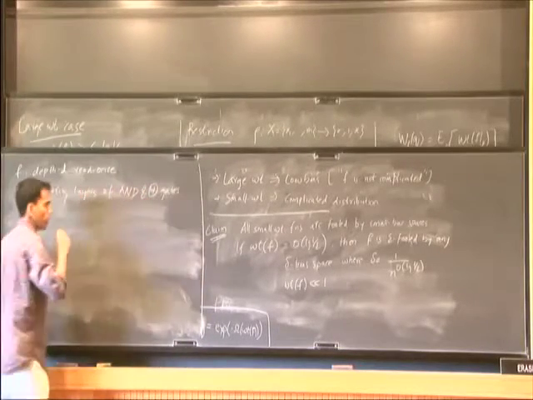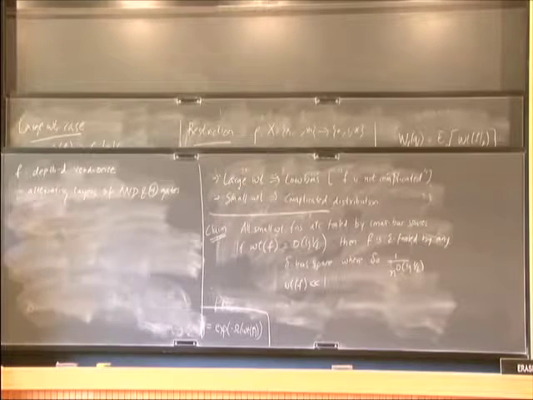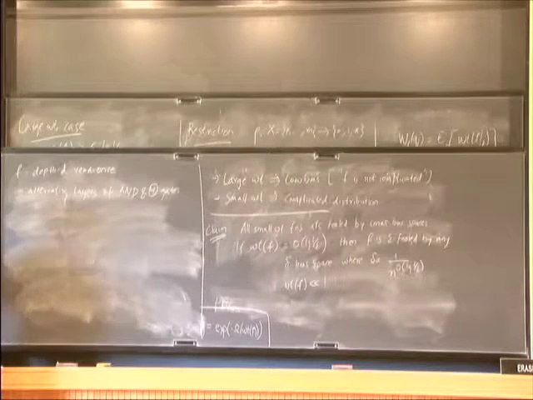I can ensure beforehand that my circuit is made up of alternating layers of AND and parity gates. You can always change the circuit a little bit, increase its depth maybe by a factor of 2, and ensure that this happens.